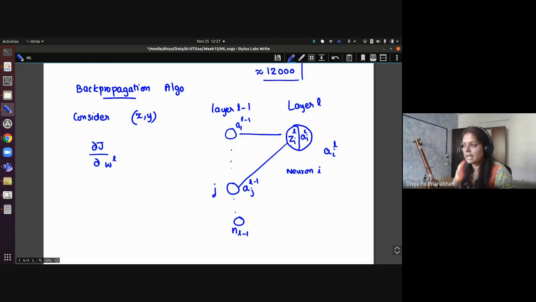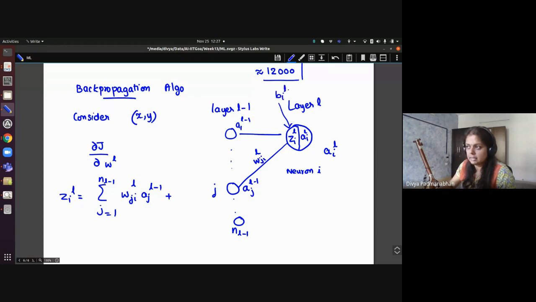And so Z_i^L was computed like this. You had all the j's in the previous layer from 1 to N_(L-1). The weight here was W_ji^L. So that's what we followed: W_ji^L times A_j^(L-1) plus the bias. So there was a bias here of B_i^L. This is how Z's were computed.